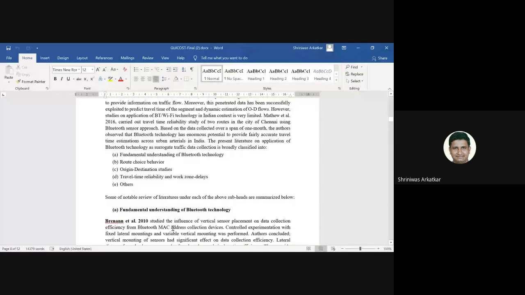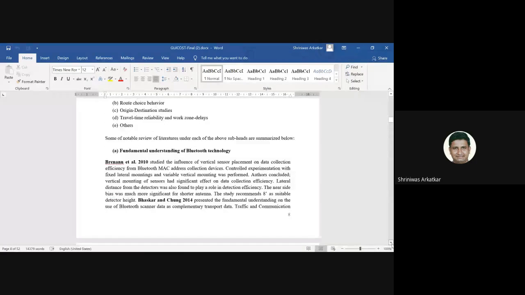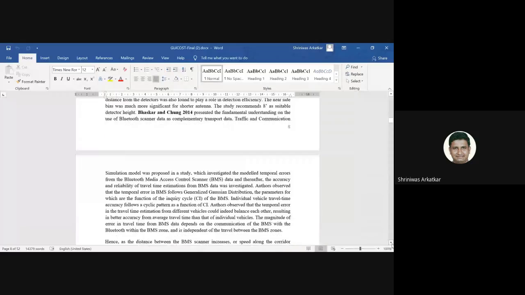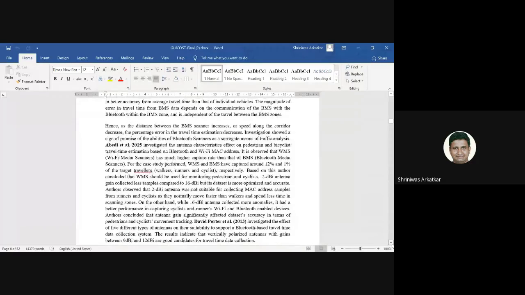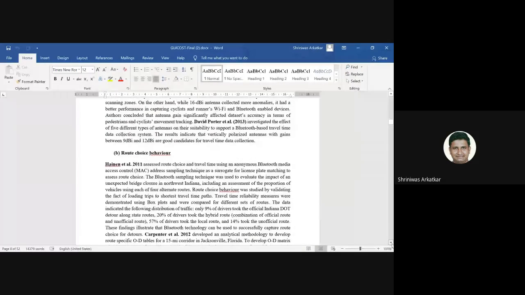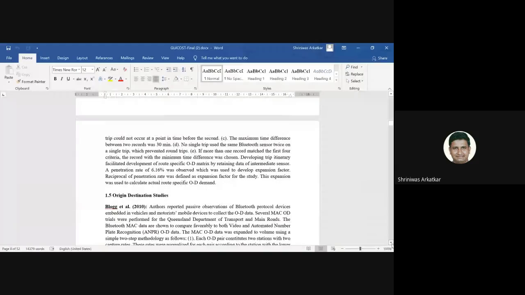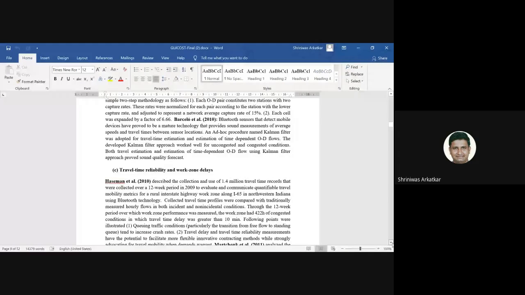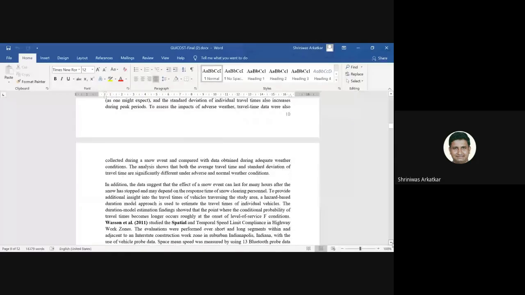Finally, if I want to achieve all these things, you can select some broader blocks of your literature review and divide it into A, B, and so on. Then you can say how these different blocks are connected with each other, and they can definitely help you in identifying the research gaps.